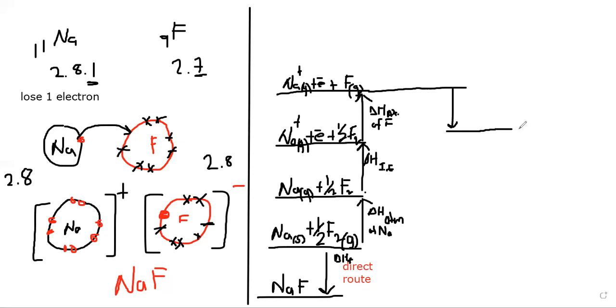Again, when atoms gain electrons, they form negative ions. So at this point, we have the sodium ion and the fluoride ion, both in their gaseous state.